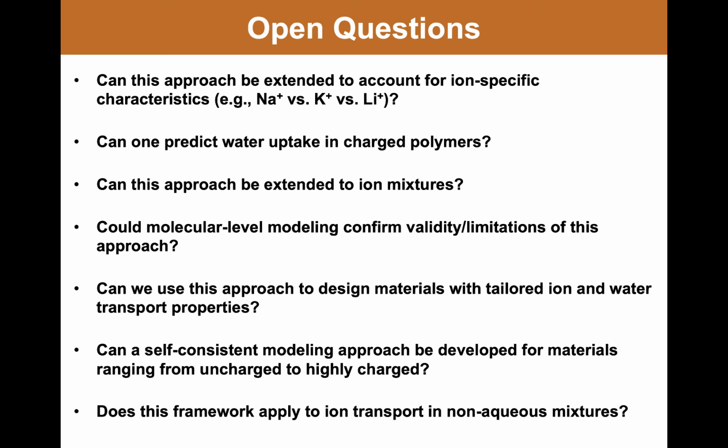In other materials, for example, if there were no fixed charges and these were uncharged materials, the Manning model simply wouldn't describe the ion activity coefficients at all. For example, in uncharged polymers, those ion activity coefficients are not way less than 1 like we saw earlier in our discussion of ion activity coefficients in these charged materials, but ion activity coefficients in uncharged materials are actually much larger than 1. The ions don't want to be in those materials.